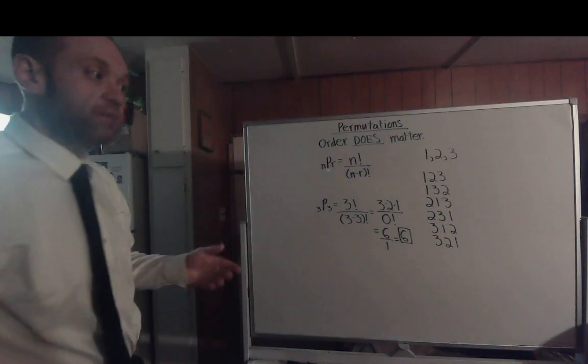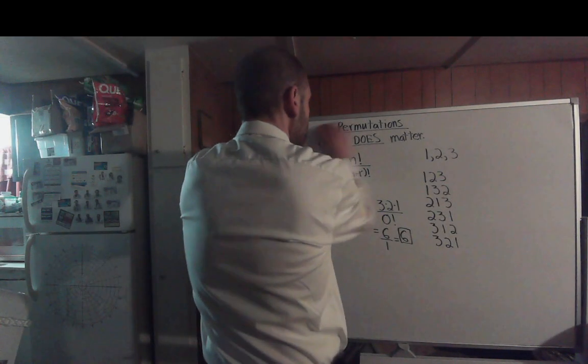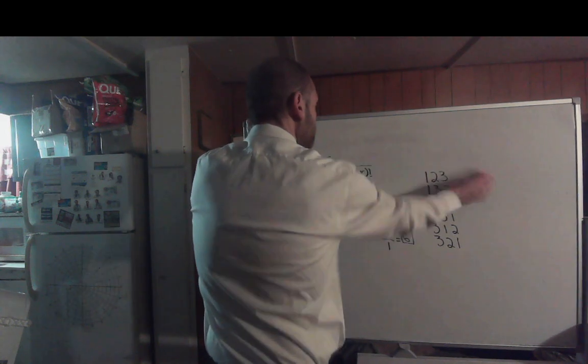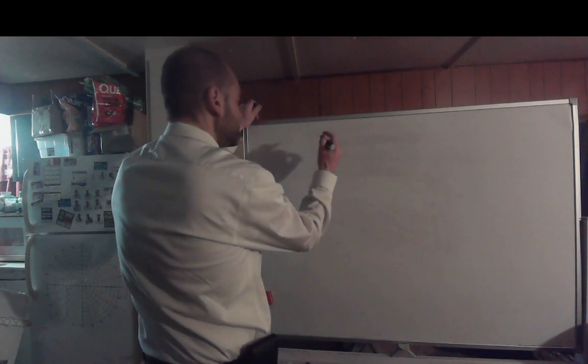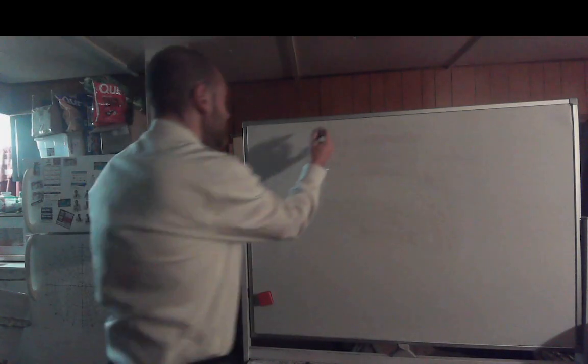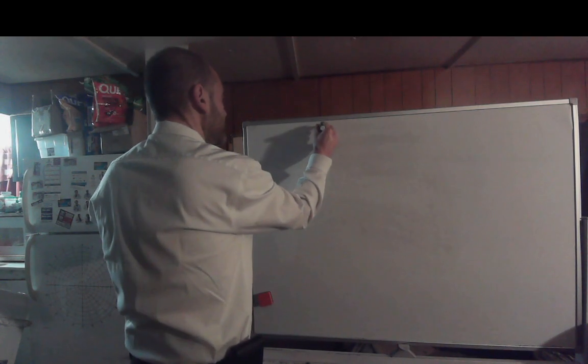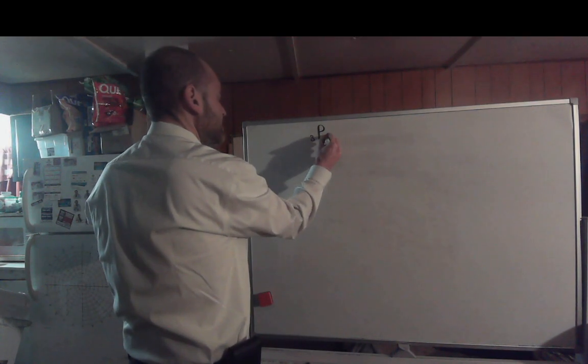So let's do some examples of permutations. Let's say I'm going to take 8 things 3 at a time.